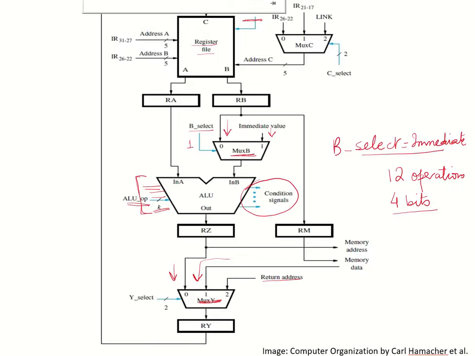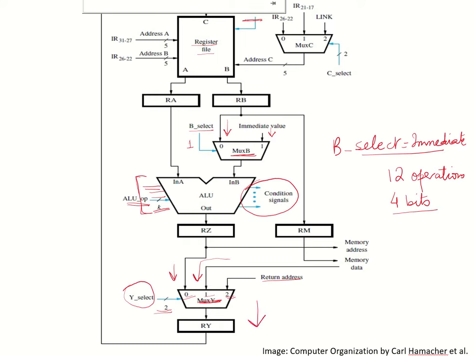Since there are 3 inputs, the select signal for this multiplexer would have to be 2 bits. Depending upon this combination, the appropriate input, either RZ, memory or the return address, will be passed on to RY.